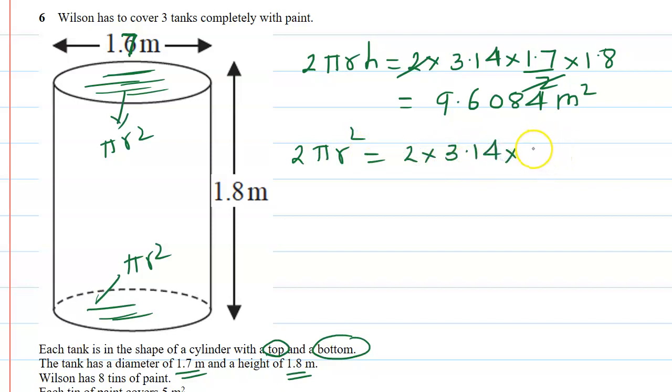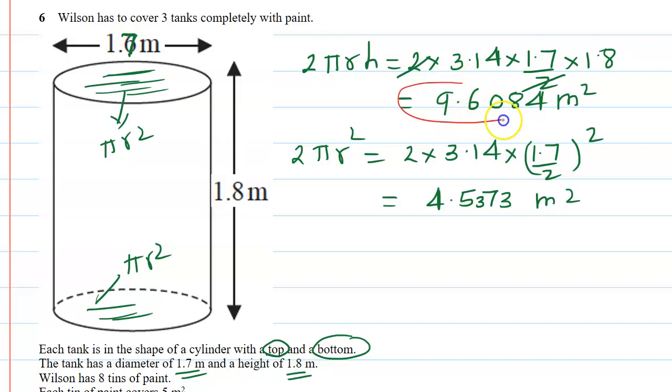R is 1.7 divided by 2 square. Once we solve that, that is 0.85 square. So it will be 4.537 okay, meter square.